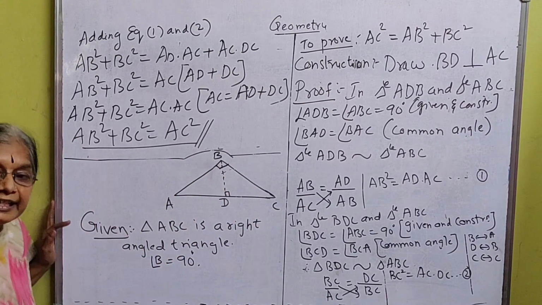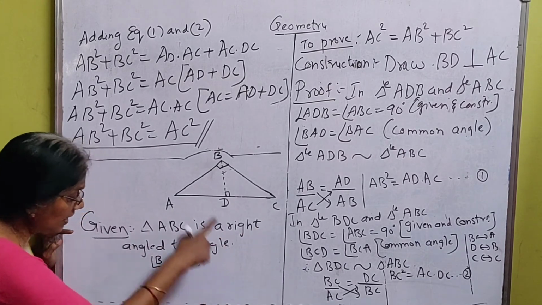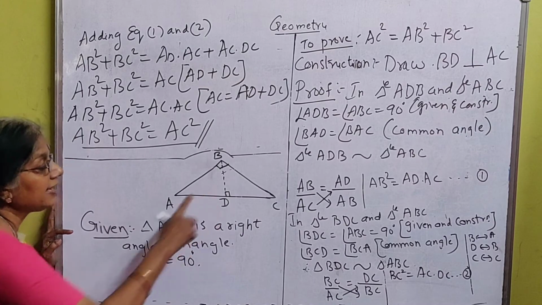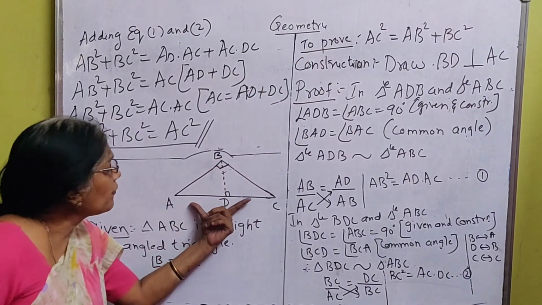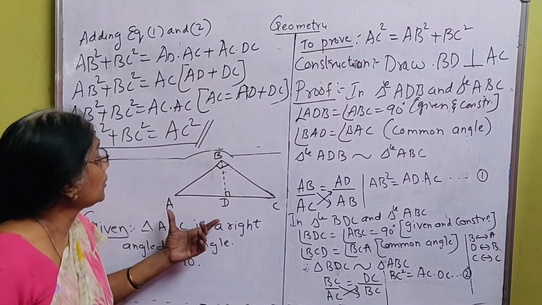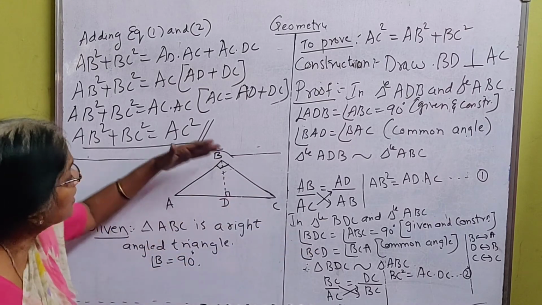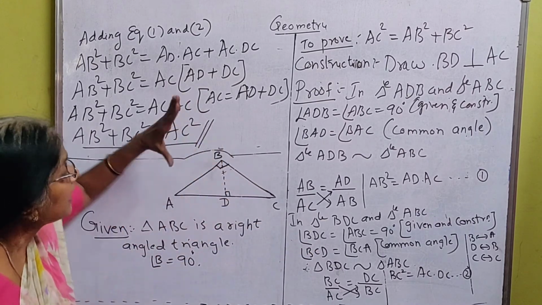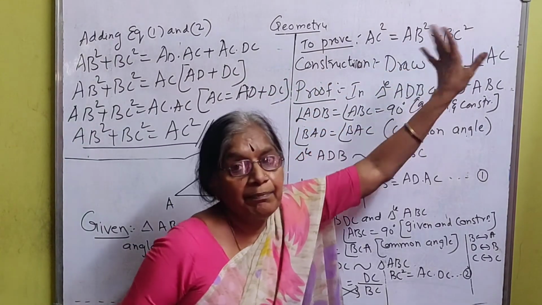So what did we write as the given? Triangle ABC is a right angle triangle. Angle B is 90 degrees, we showed. Then to prove: square of the hypotenuse, that is AC square, is equal to the sum of the squares of the remaining two sides. Which are the two sides? AB and BC. Its squares are AB square and BC square. So it is equal to AB square plus BC square.